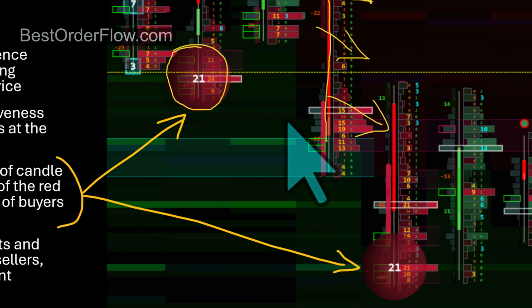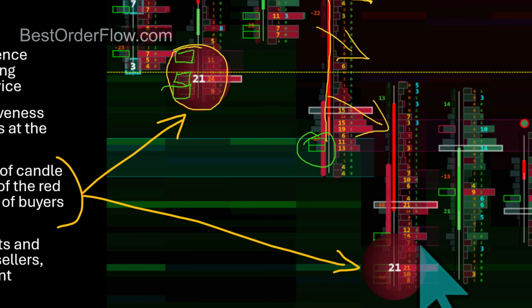So I'm ready for reversal. You see the green rectangles behind these bubbles. I made them semi-transparent. There is a rectangle here, a rectangle over here, there's a bunch of them over here, okay? And you're seeing these two rectangles, and these three rectangles right behind the bubble. That's absorption.